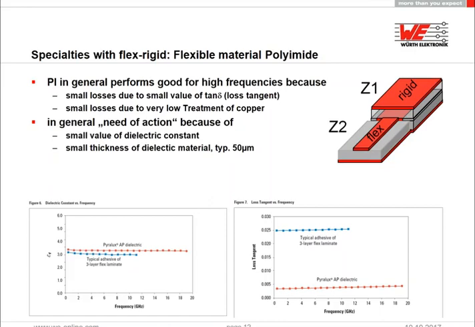And the other point is we also have small losses due to a very low treatment profile on the copper. So this also helps to have pretty good signal integrity on the flex material.